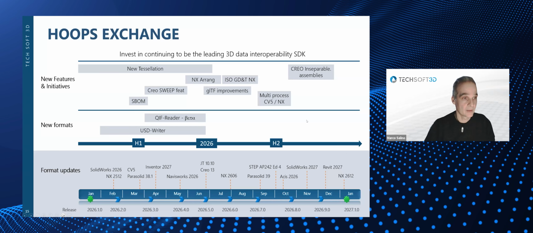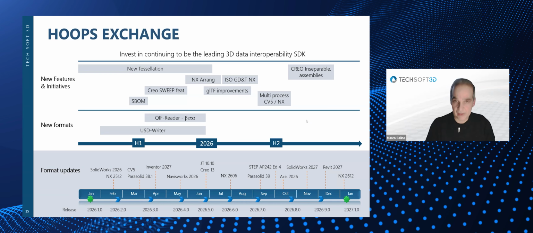Okay, thank you, Jonathan. So here is a snapshot of our current plans for 2026. All the features I talked about are in here. There's a couple of extra ones like the sweep feature for Creo that we're going to work on in Q2.